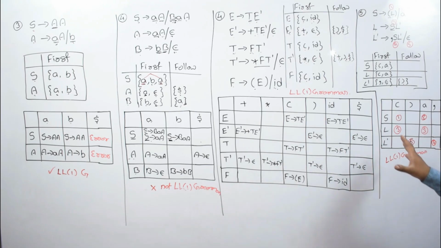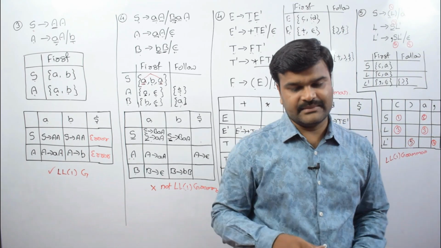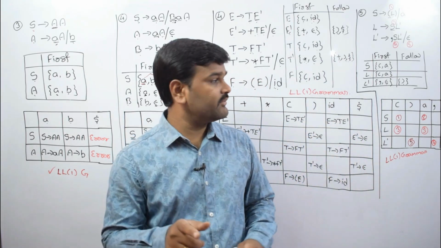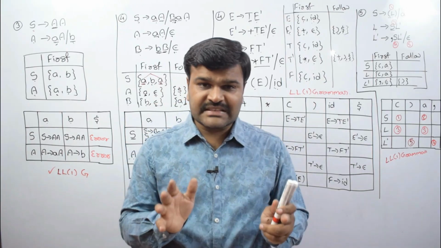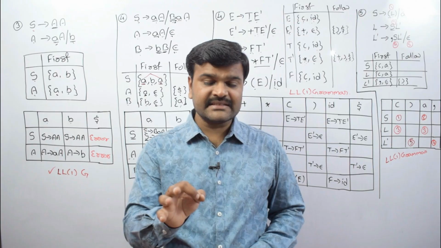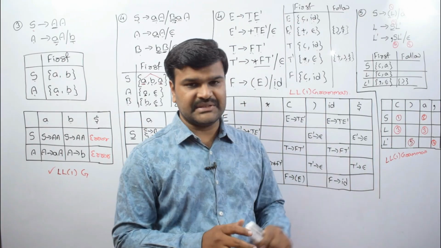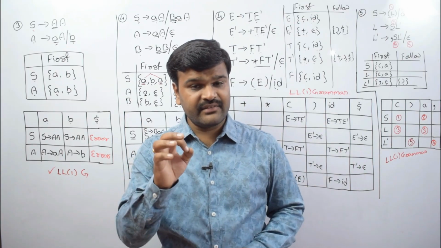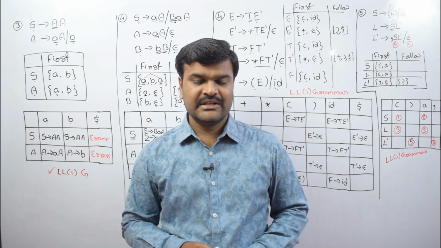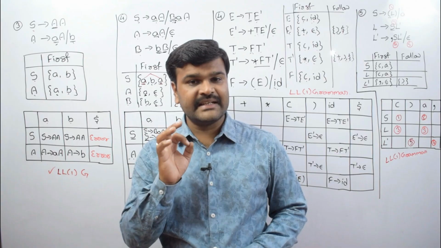Okay. So, in this way we are going to construct the parse tables. Here one thing we have to remember: how many productions are there in a grammar? At least that many entries we are going to have in a parse table. Okay, because every rule you have to cover in the entire parse table somewhere. So, that is why at least that many entries will be there.